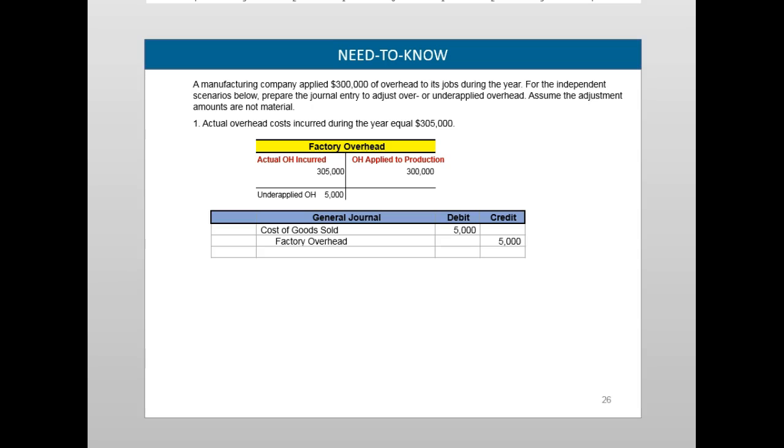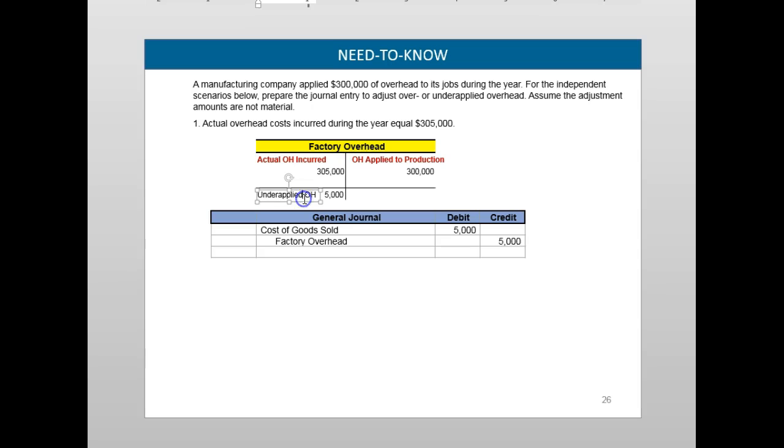So let's keep going. Now, here's one where we're at the end of the year. These are all the actual overheads that have been accrued. We've just finished up that's our total. And this is what's been applied off of the job sheets. As you look at this, we've actually had $305,000 worth of costs, but we've only associated with jobs $300,000.